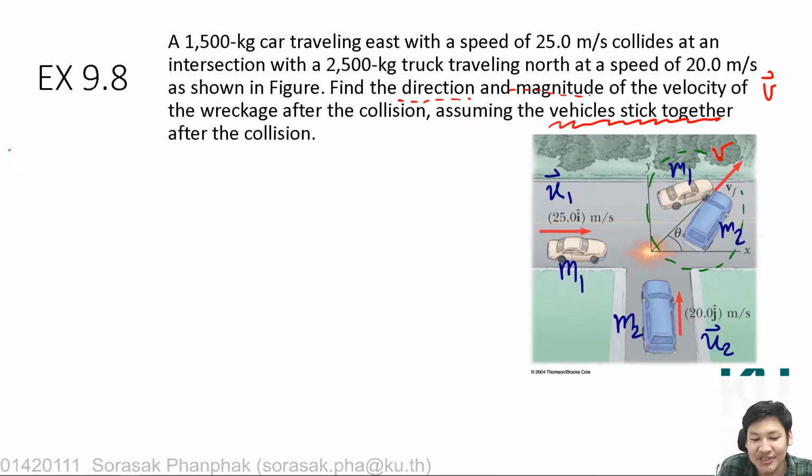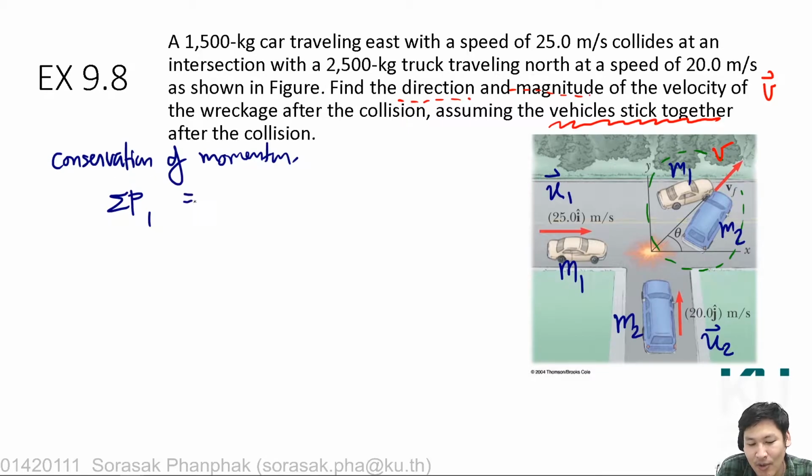Now if you consider the conservation of momentum, you can use sigma p from the initial state equal to sigma p from the final state. You can call this state 1 and state 2, or write it as initial and final.